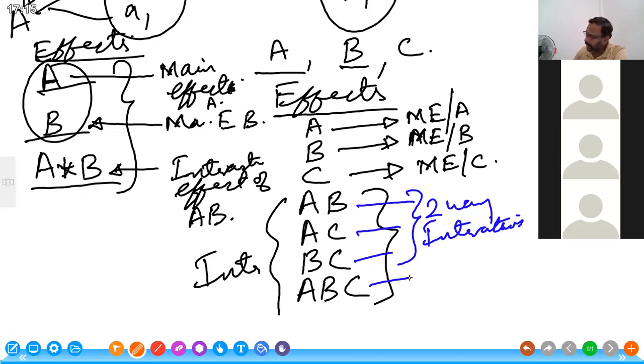This is called three-way interaction or higher order interaction.